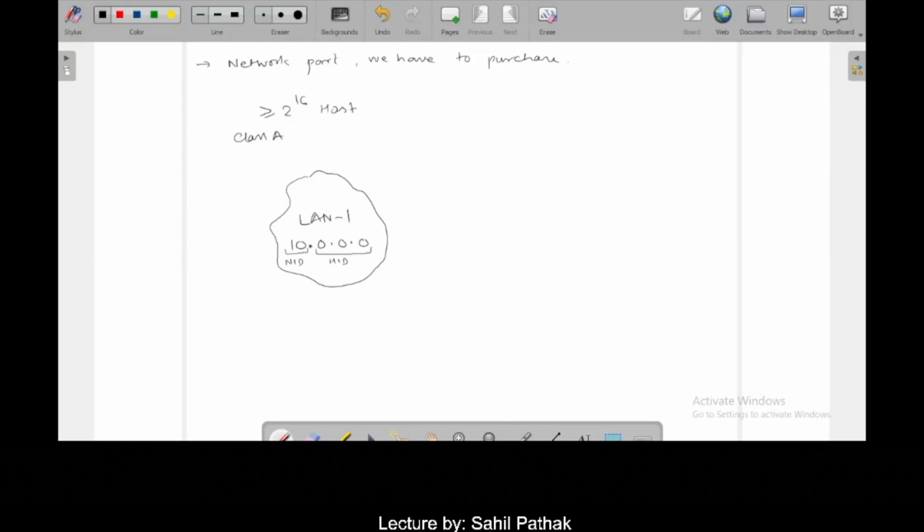As we have discussed, the first IP given for the network is 10.0.0.0. You can see this is the IP of the network, where the whole host part is 0 and the network ID part is what you have purchased.